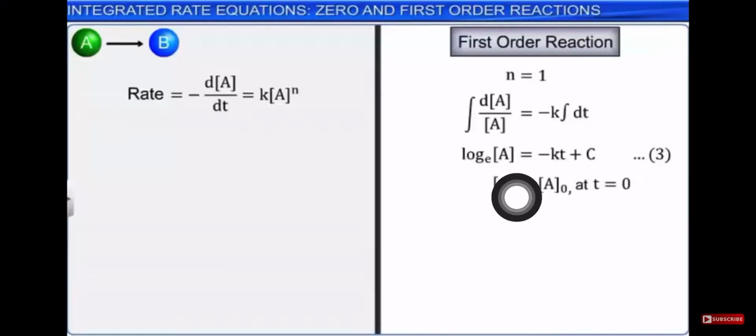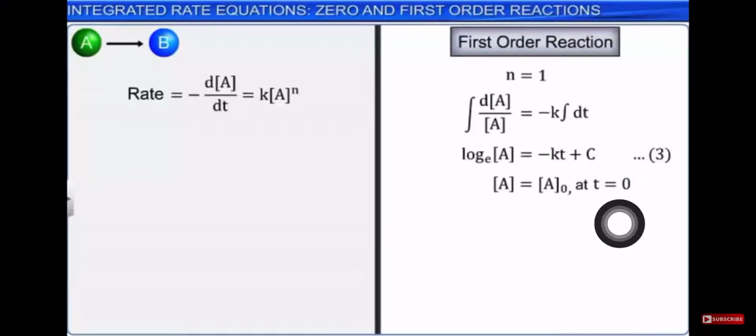Log e of A is equal to minus KT plus C. This is your equation number 3. Now again, at initial concentration, A will be A0 at time T0.